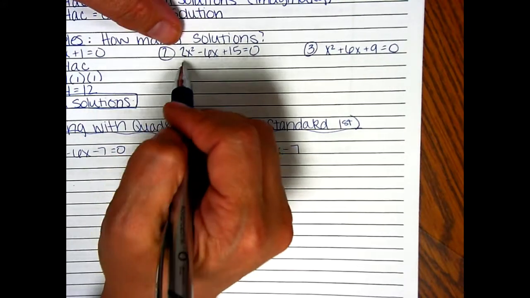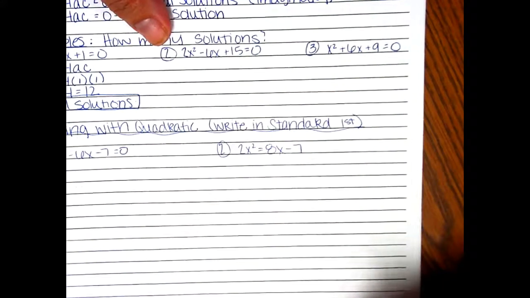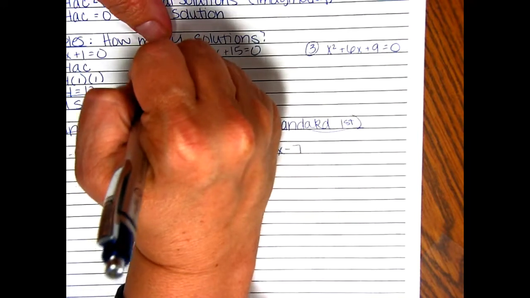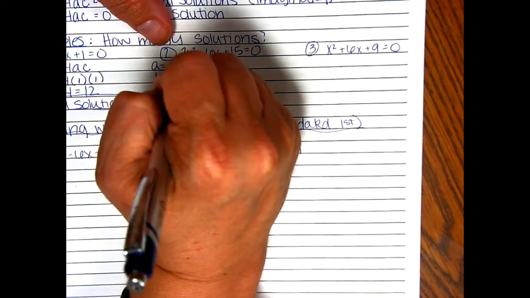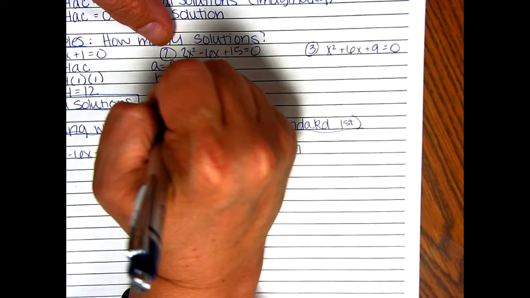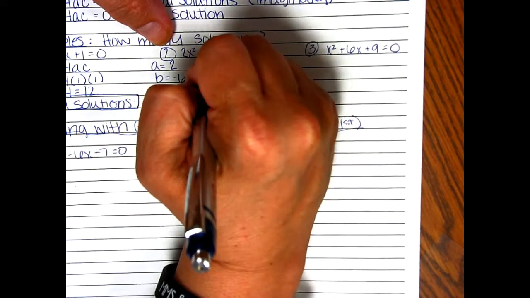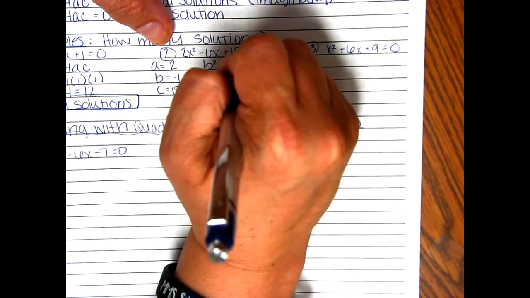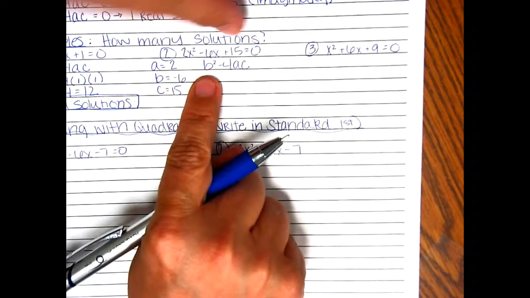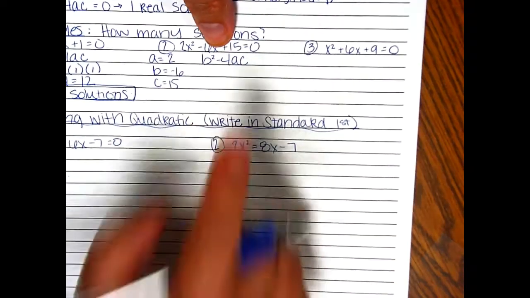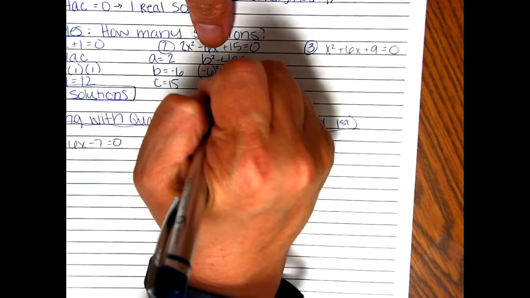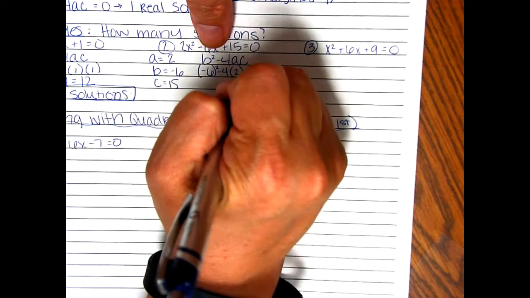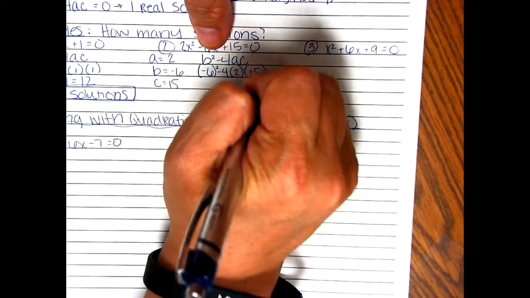Okay, my second example is 2x squared minus 6x plus 15 equals 0. So my a term is 2, my b term is negative 6, and my c term is 15. So again, the discriminant is b squared minus 4ac. So b squared would be negative 6 squared minus 4 times 2 times 15.